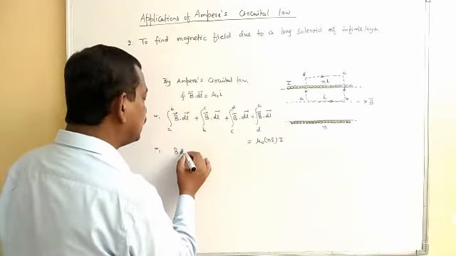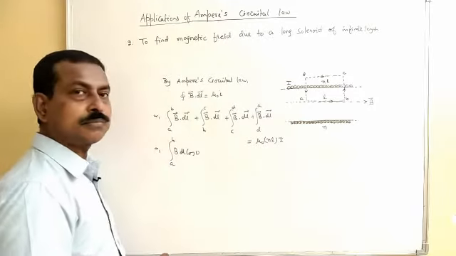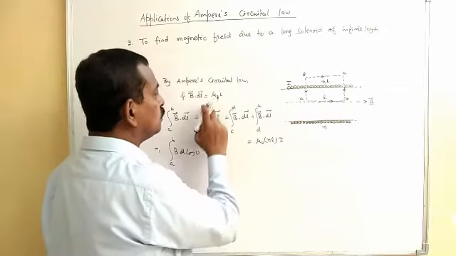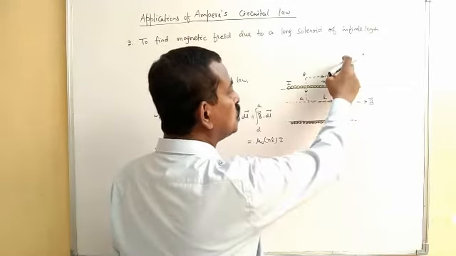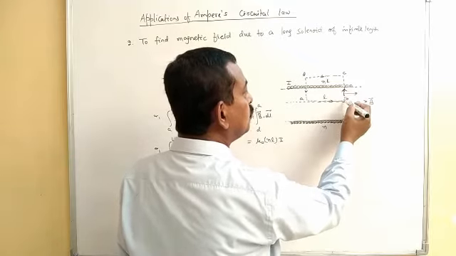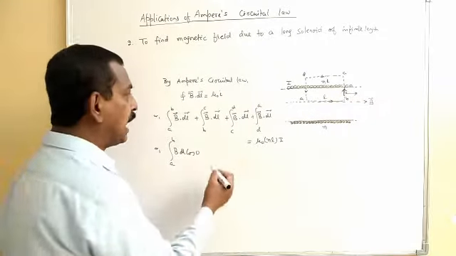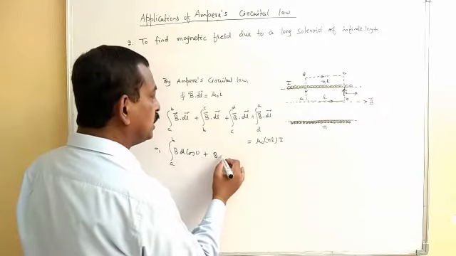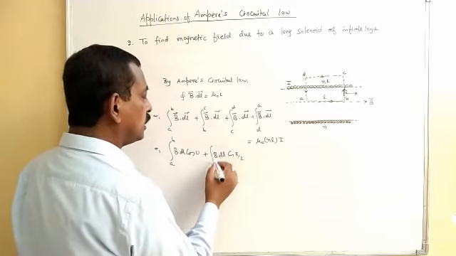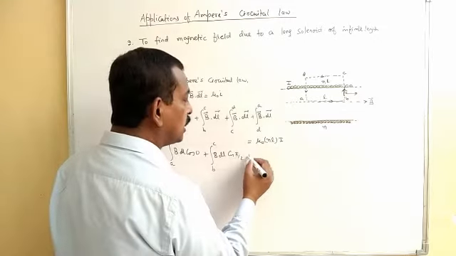So it is B dl cos 0 if you move from A to B. But for B dot dl when it is from B to C, the magnetic field is in this direction and we are moving in this direction, B to C. So the angle is 90 degrees there. So it is B dl cos pi by 2, integral from B to C.